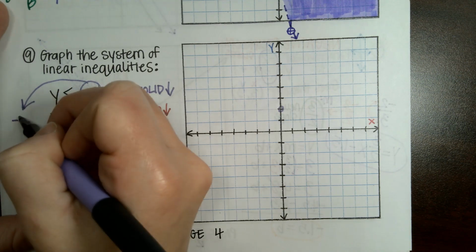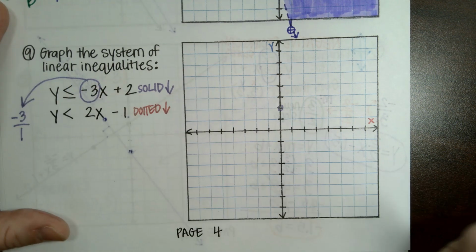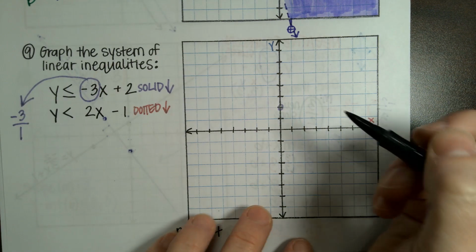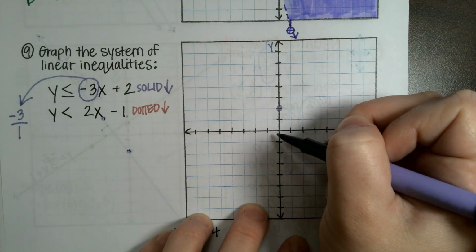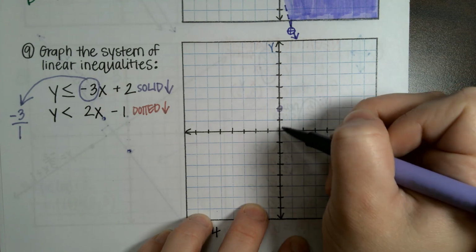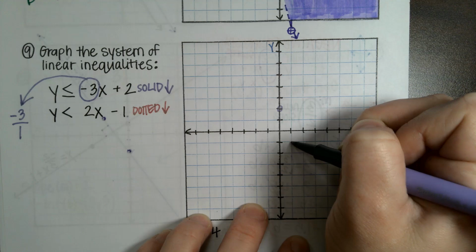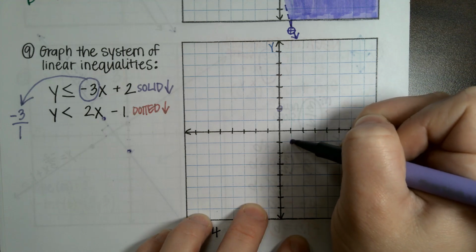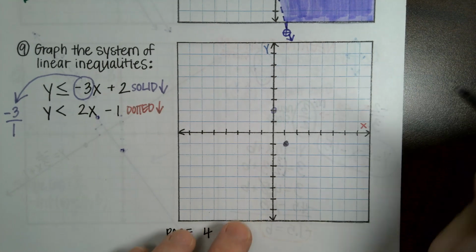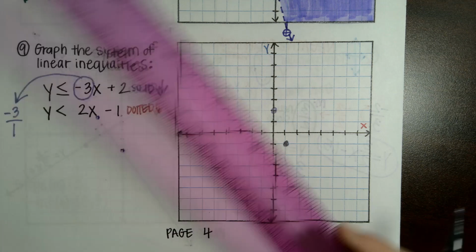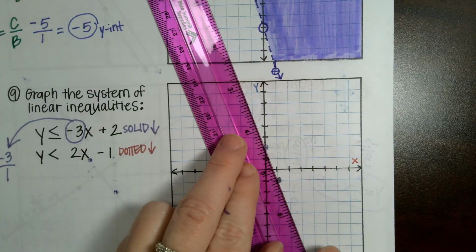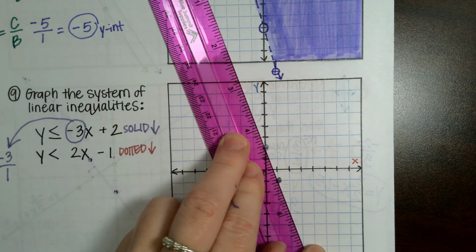Remember, that's negative 3 over 1. Rise over run. Yes, so I'm going to go down 3. So 1, 2, 3, and over 1. Okay, and this one is a solid line. So let's go ahead and draw that line. Make sure that we keep it solid.